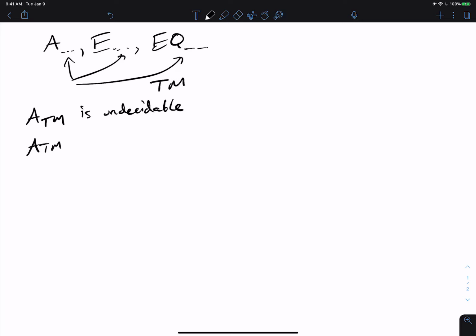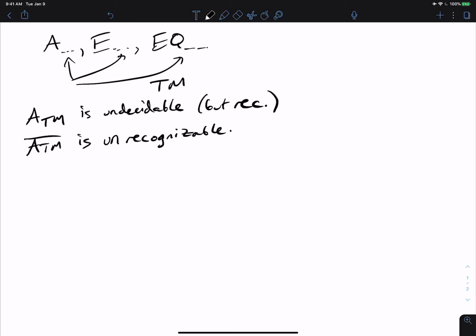Actually, I should say, ATM is undecidable but recognizable. It's recognizable because we can just simulate the machine. ATM bar then is unrecognizable. So there's not even a recognizer for ATM bar.